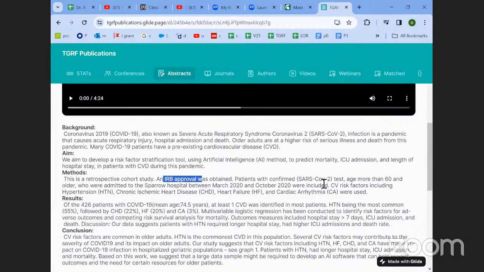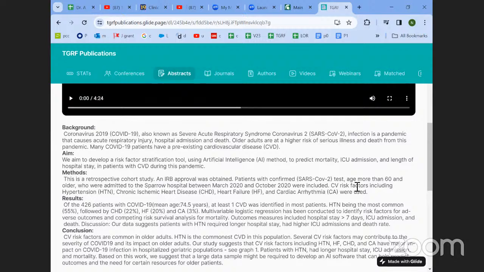So in the method also, you should identify your sample or your participants. In this case, our patient selection will be older patients. So the cutoff for us was 60 and older. I was listening to a lecture this morning, and the presenter was saying usually the cutoff age for older adults nowadays is 50. So if you are 50 or older, then you are older.